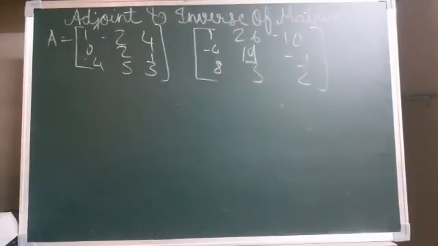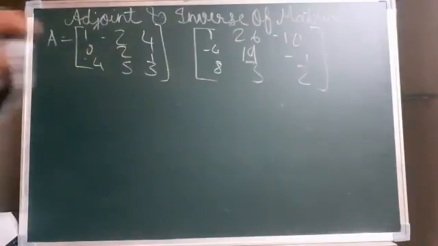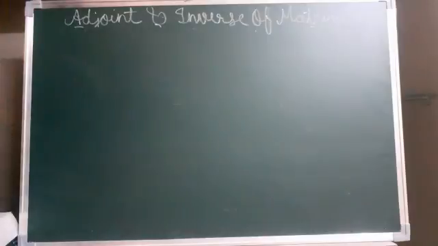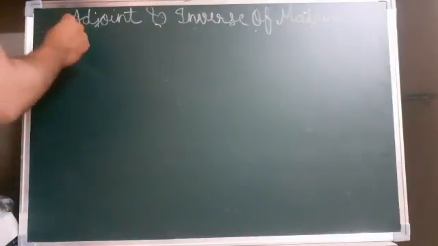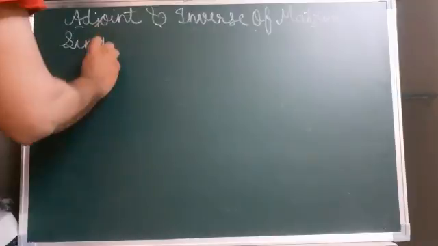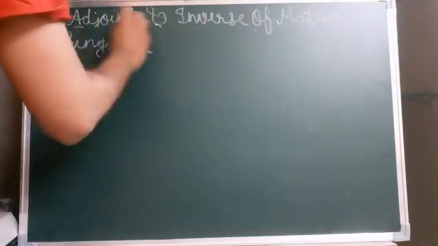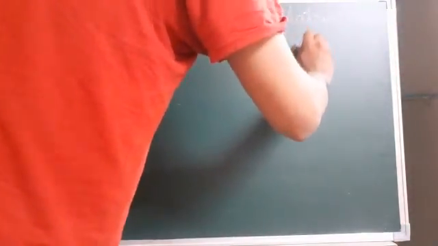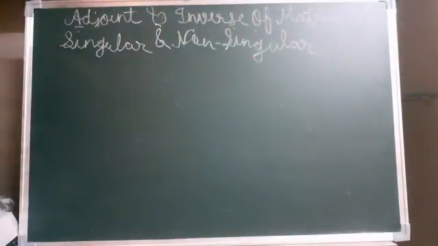The second concept is inverse of matrices. If you want to study the inverse of a matrix, then we have to see one concept first, which is singular and non-singular matrices.